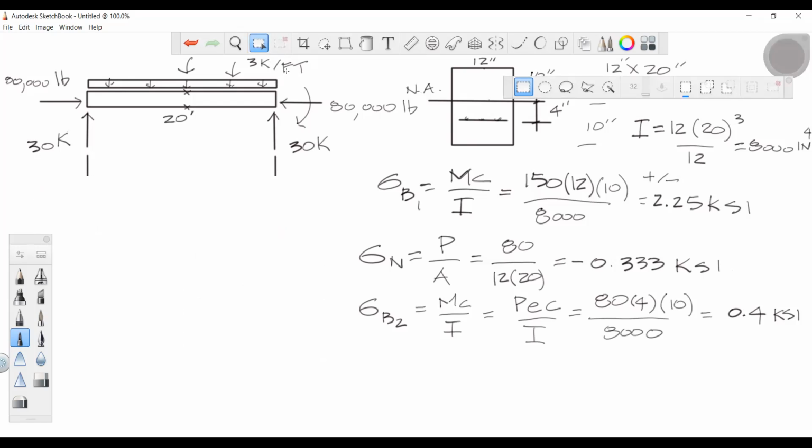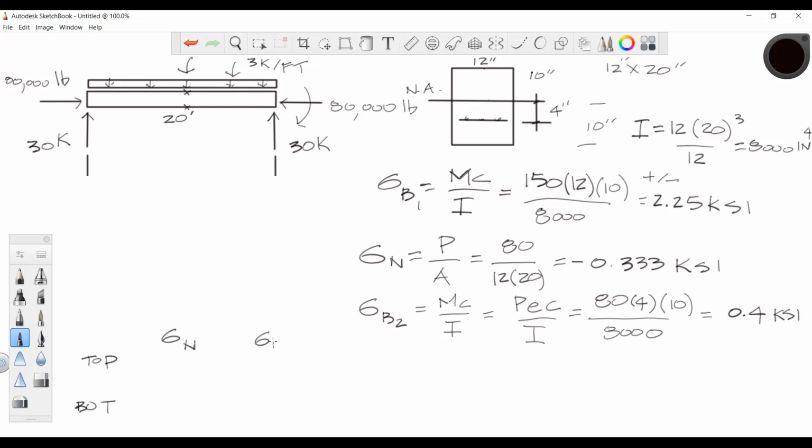Are we okay? Yeah. All right, so we're going to do a little chart. We're going to have the top and the bottom, and we're going to look at the compression and the tension. So we have a normal stress, top, bottom.